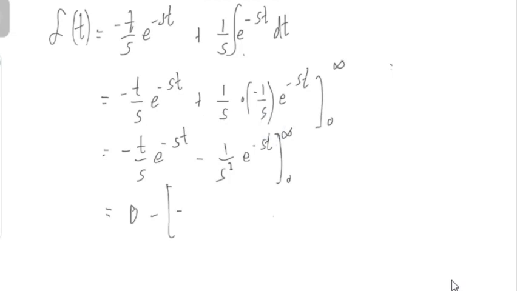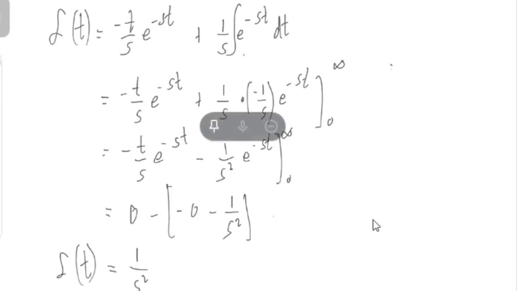So, negative. e to the 0 is 1. At time t equal to 0, the first term will turn out to be 0. Then, what about here? e to the 0 is 1 minus 1 all over s squared. Diba? Simplify it further. Negative, negative is positive. This is the Laplace transform of t: 1 all over s squared. Okay?